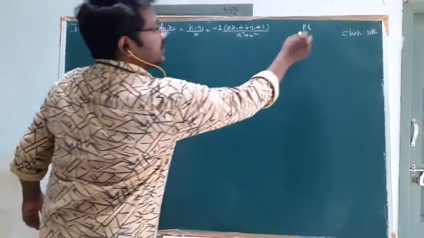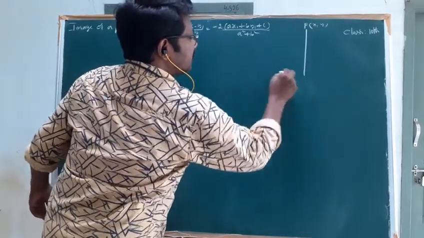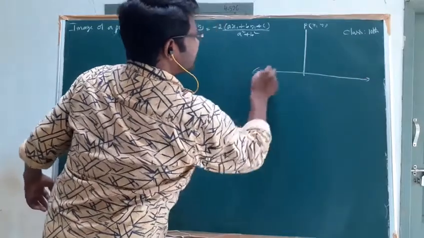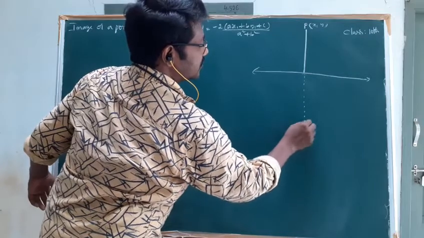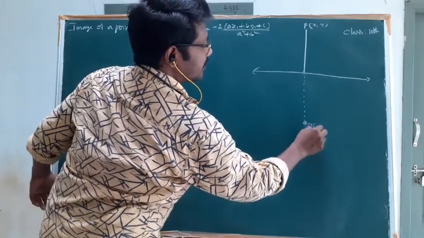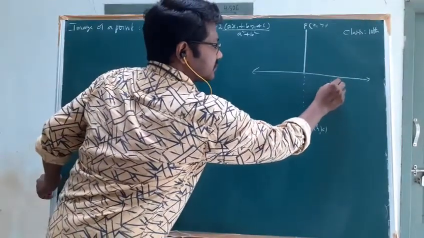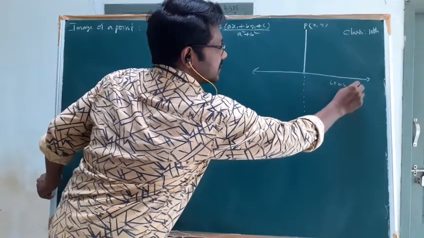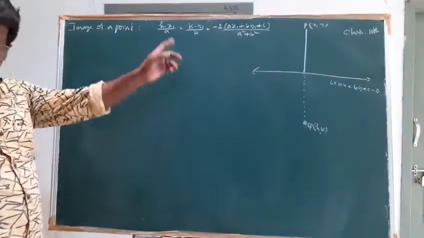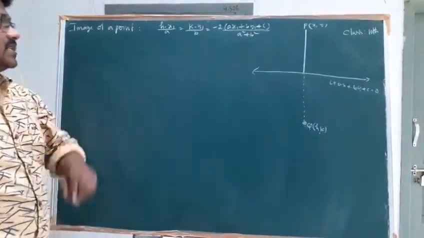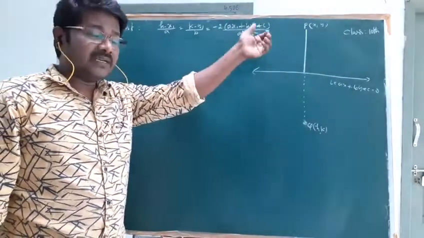Take the point P(x1, y1). The image of P is Q(h, k) with respect to the line ax + by + c = 0, and (h - x1)/a = (k - y1)/b = -2(ax1 + by1 + c)/(a² + b²).